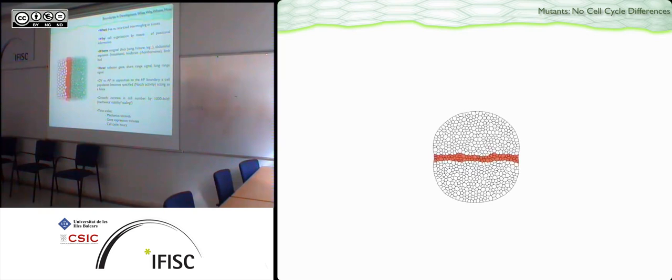Most of the cells would like to have 6 edges. We can do also other kinds of measurements, like the average size with respect to the average size in all the tissue for a cell with n vertices. And these are the simulations and these are the experiments.